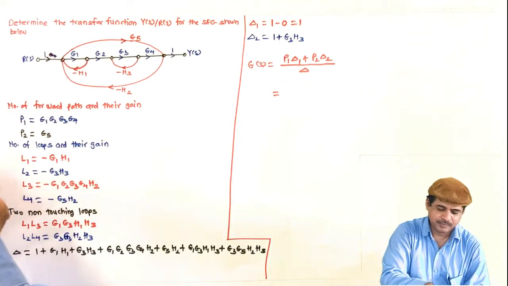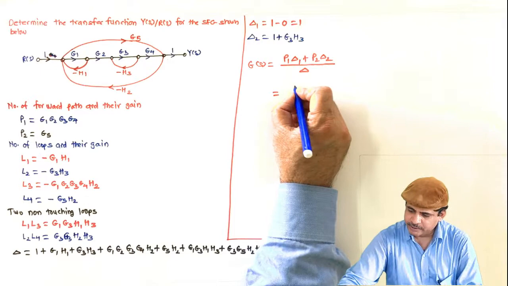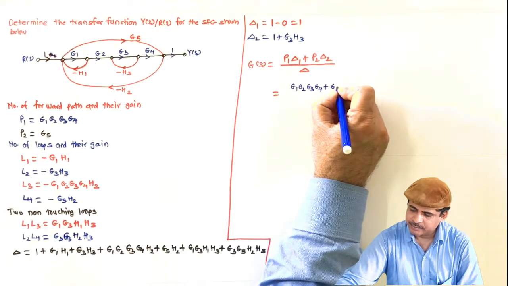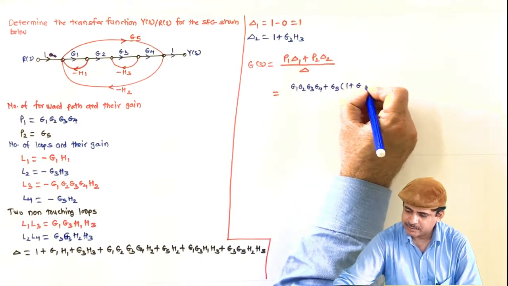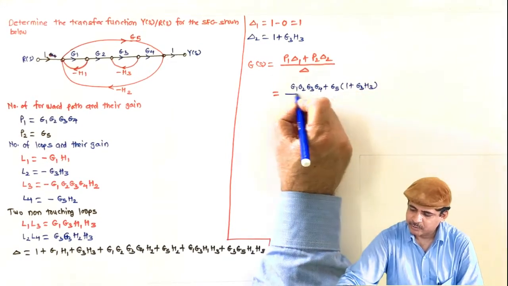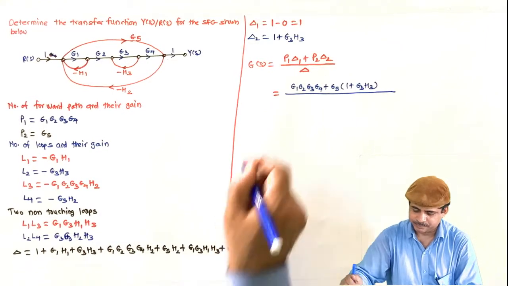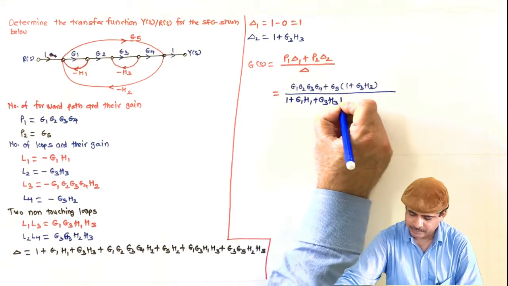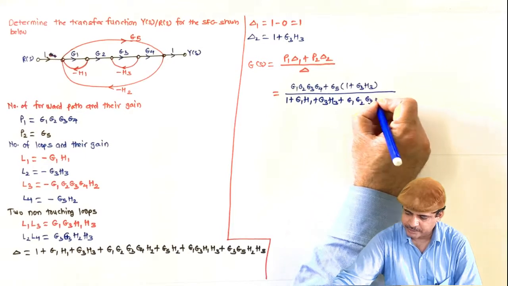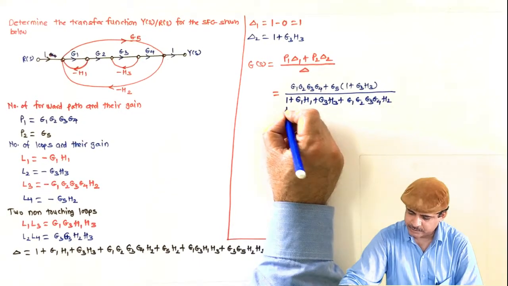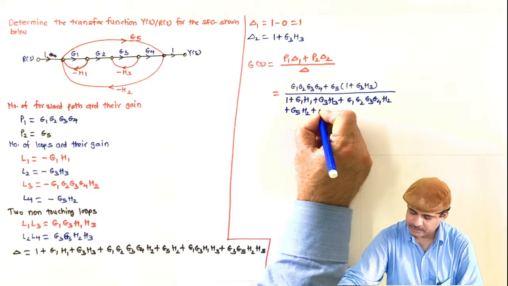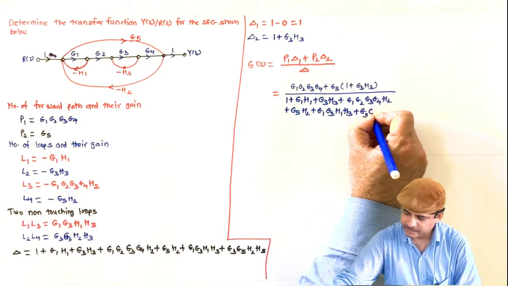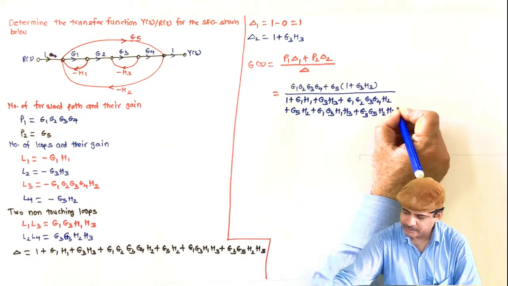That is equal to P1, which is G1, G2, G3, G4, into delta 1, which is 1, plus P2, which is G5, into delta 2, which is 1 plus G3 H3, whole divided by delta: 1 plus G1 H1 plus G3 H3 plus G1 G2 G3 G4 H2 plus G5 H2 plus G1 G3 H1 H3 plus G3 G5 H2 H3.